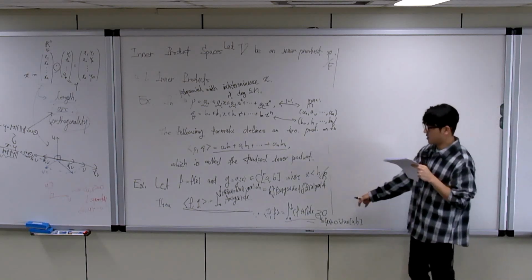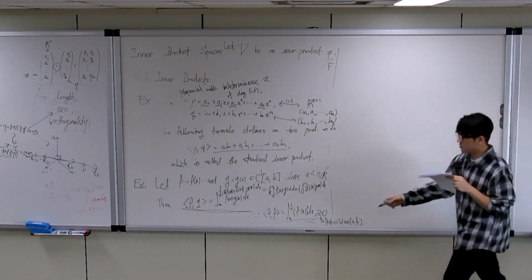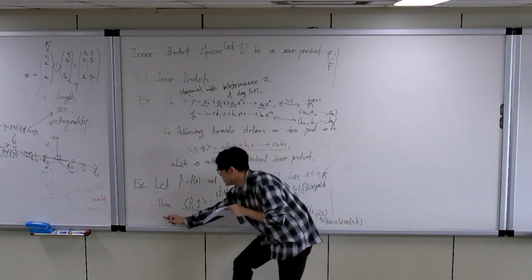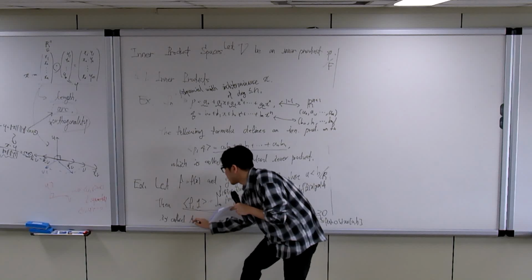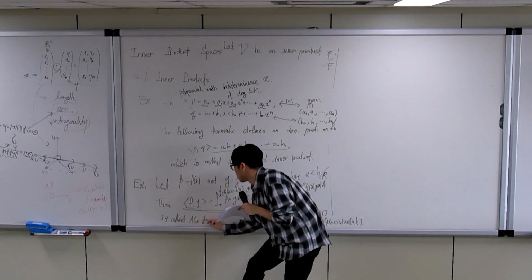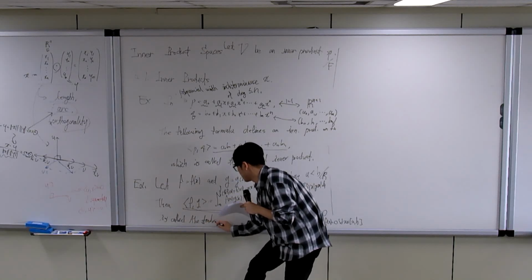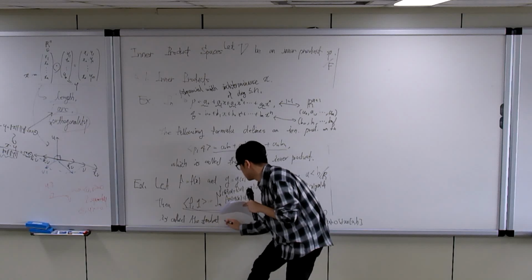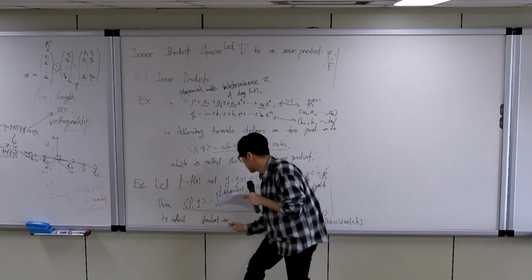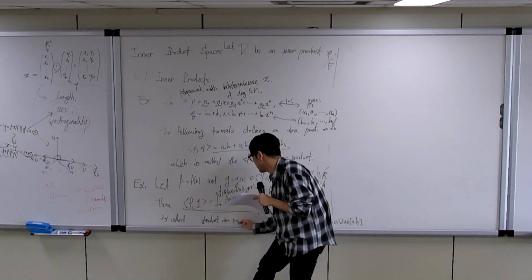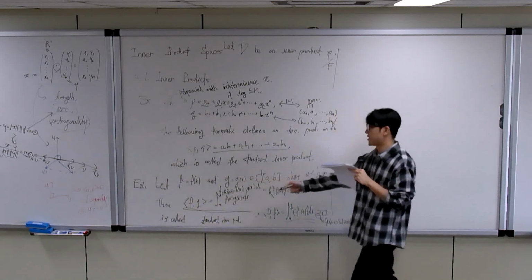This is called the standard inner product, because it depends on a and b.